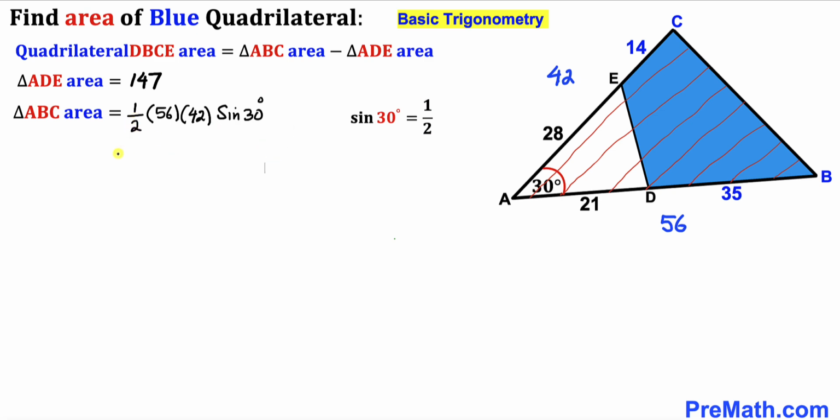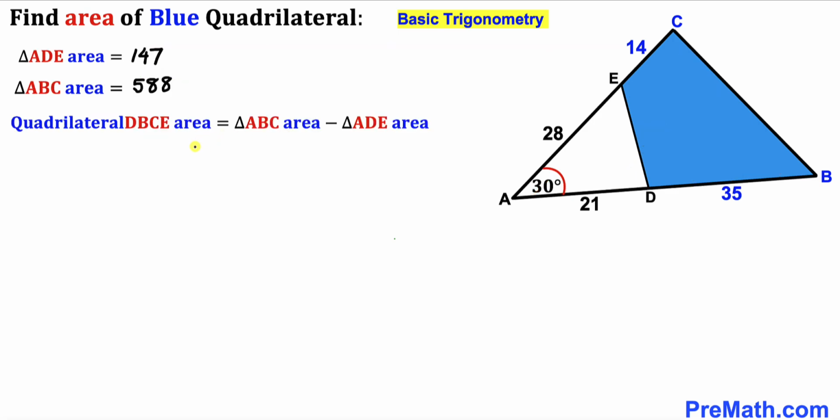This becomes 1 over 2 times 56 times 42 times 1 over 2. If we simplify everything on the right hand side, that gives us 588. So the area of this big triangle ABC turns out to be 588 square units.